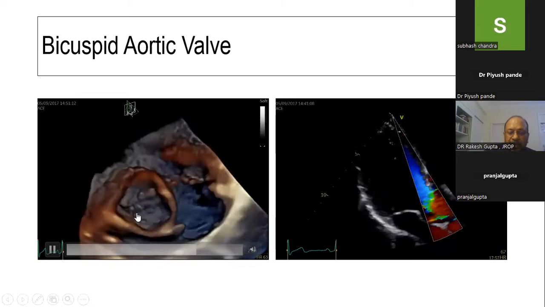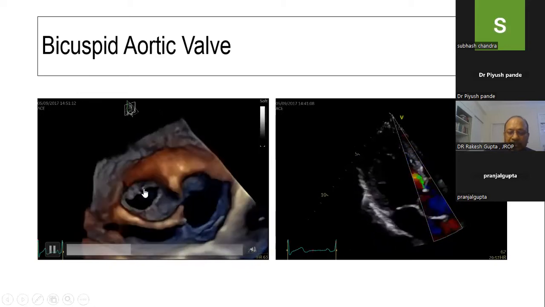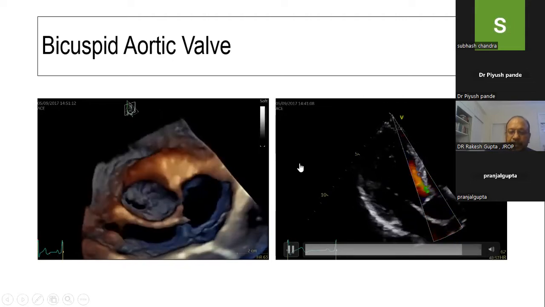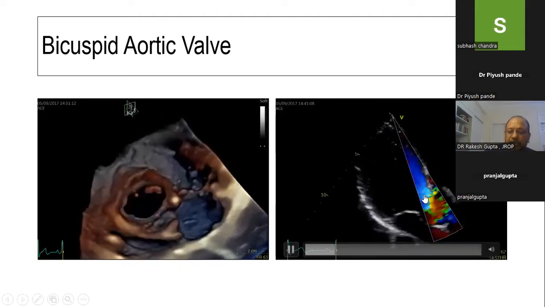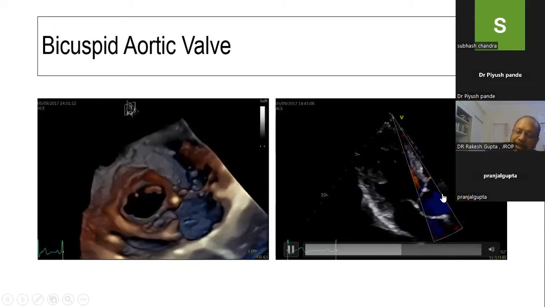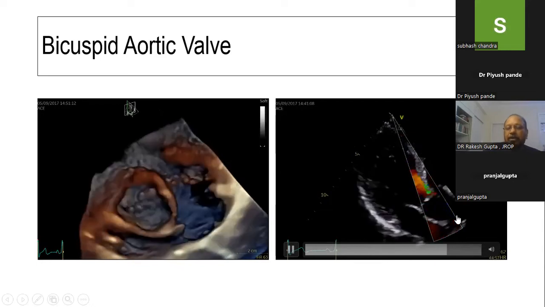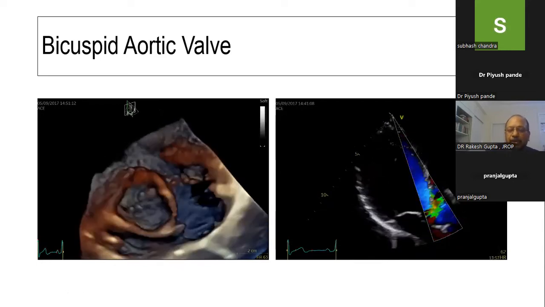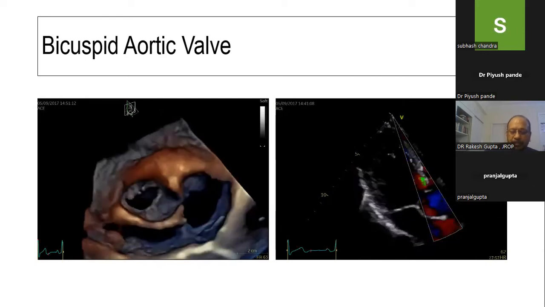Only one leaflet up, it looks like a mitral valve kind of thing. This has got a stenosis as well as regurgitation. And the aorta, majority of the time, is either high normal or dilated. Because bicuspid aortic valve is known as aortopathy, it is not called just bicuspid aortic valve.